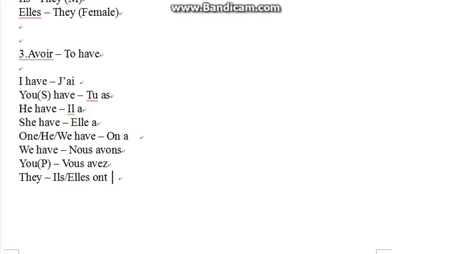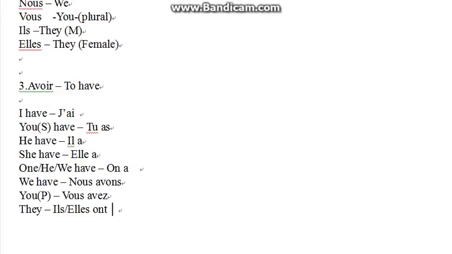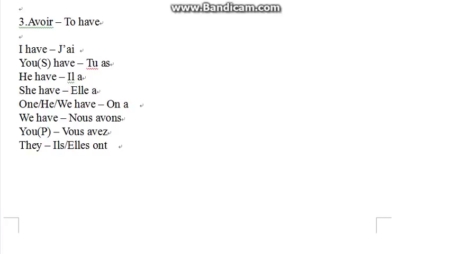I can pronounce French now. Elles ont. So basically, yeah. I think what it is that we have, you have, and they have, you pronounce the S. I think these are kind of the exceptions.